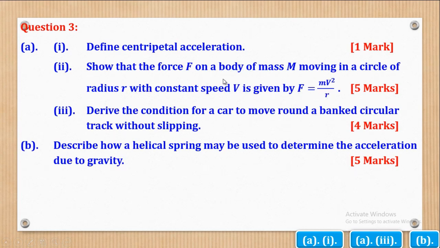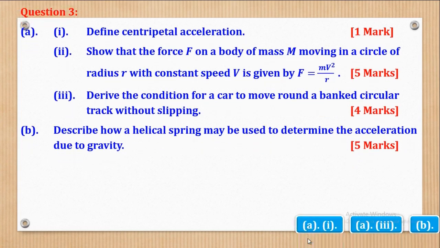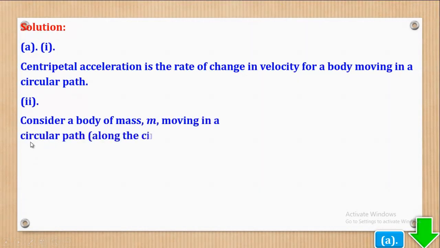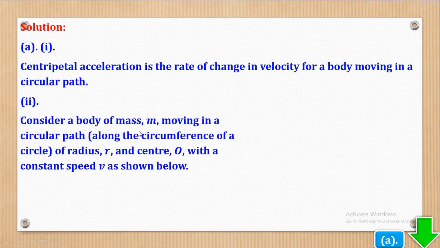So in this case, the good thing is they have helped us to define the symbols or parameters. If they had not, we would have written this as the introduction, that consider a body of mass m moving in a circular path of radius r and center O with a constant velocity v. Now in this case they gave us capital V, so we change that.